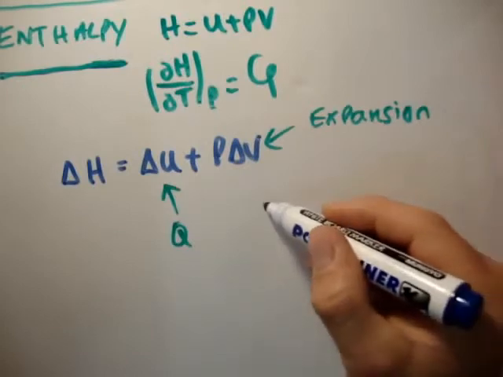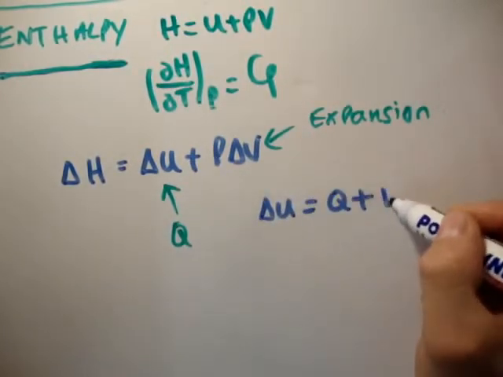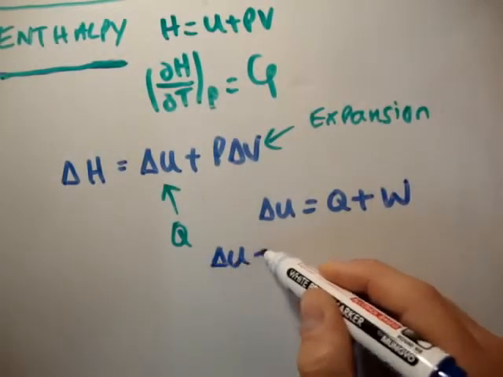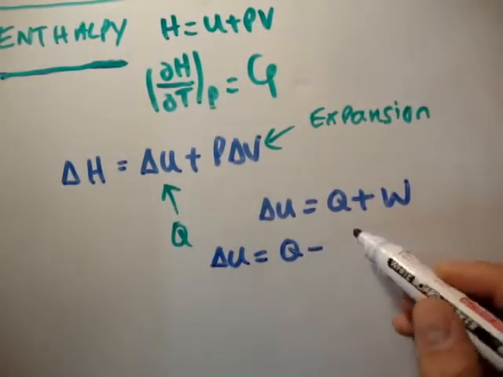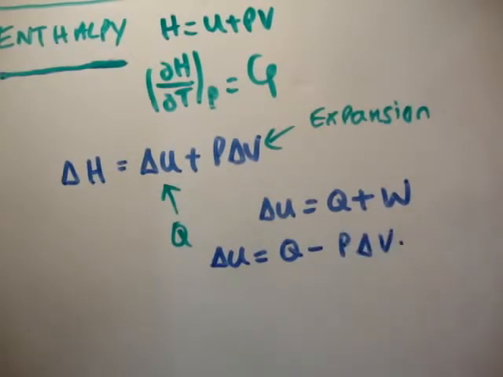We know that the first law says that delta U is equal to Q plus W. Now remember, the work done is minus P delta V. Because the work done is positive when it is being compressed, and it is negative when it is being expanded.